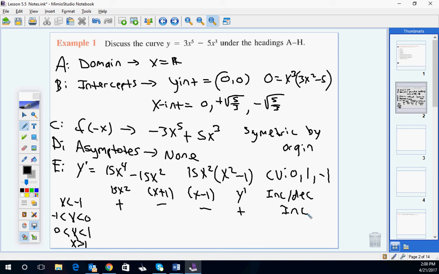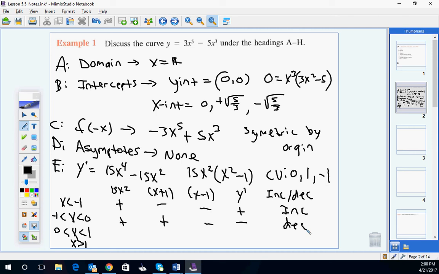Okay, do between 0 and -1, which we would try like -1/2. That's still positive. That's going to be positive, negative, negative. So we're decreasing there between 0 and -1. Between 0 and 1, we'll try 1/2.